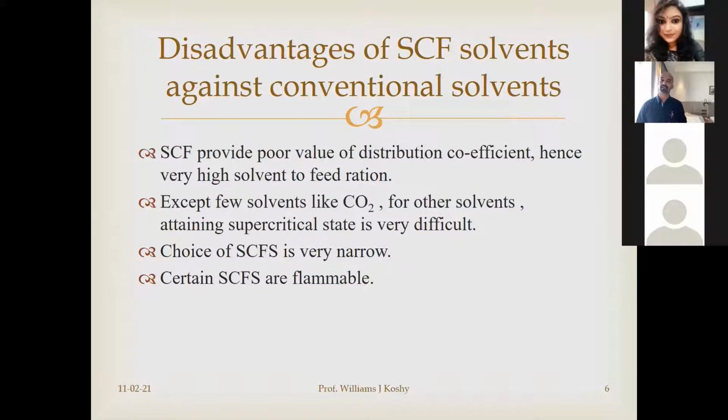पिछले एग्जांपल एडवांटेज के अंदर हम लोगों ने लास्ट पॉइंट देखा, व्हाट आर द एडवांटेजेस ऑफ CO2. दैट्स व्हाई आई टोल्ड स्पेसिफिकली दिस वर द एडवांटेजेस रिलेटेड टू CO2. ये CO2 के एडवांटेजेस के अलावा आप दूसरे किसी सॉल्वेंट को ले लें, इन दैट केस फॉर द नेक्स्ट स्लाइड वी विल सी दैट द conditions of temperature and pressure that we require to maintain the component, the solute, the solvent in supercritical state is very high.